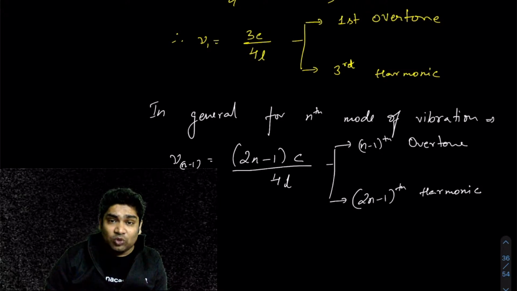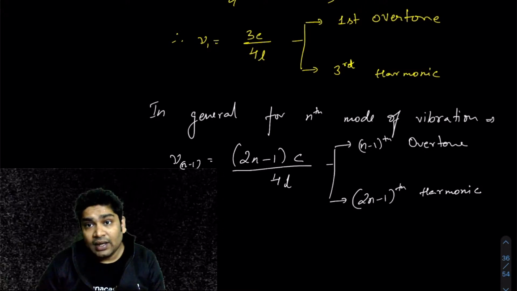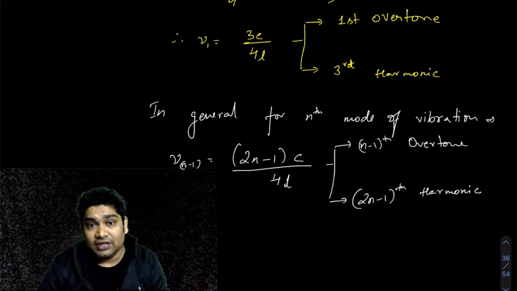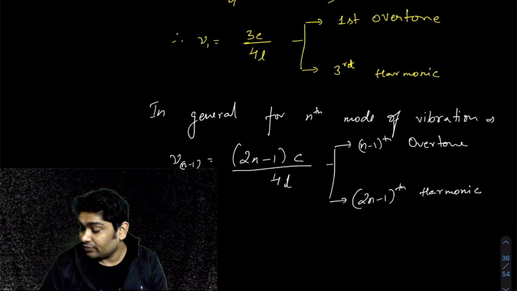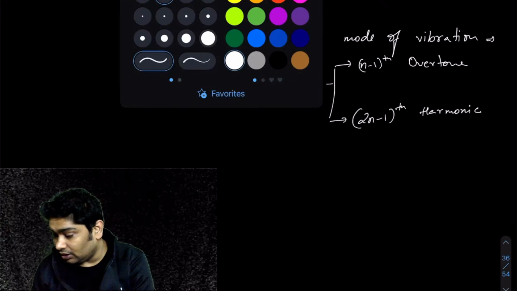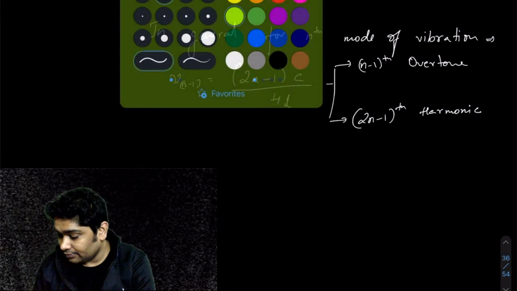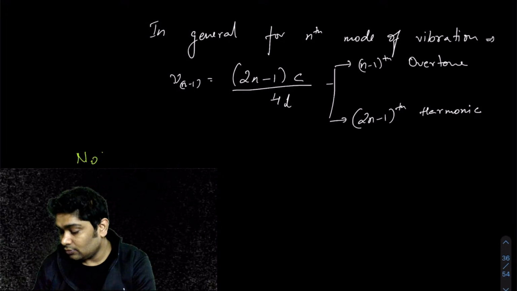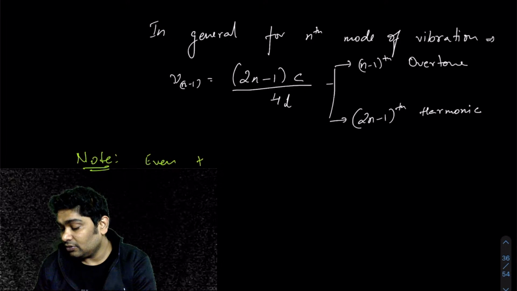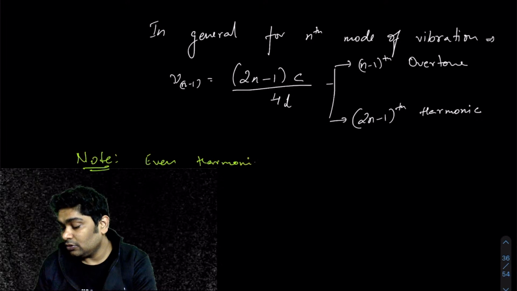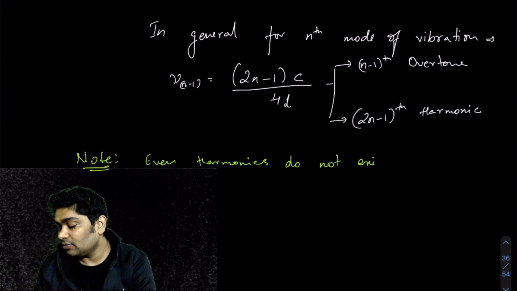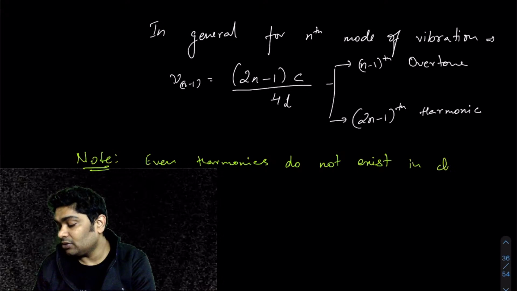So harmonic means what multiple of the fundamental frequency you are hearing. And overtone means what number of frequency after the fundamental frequency you are hearing. Okay. So please note again an important note in here. Even harmonics do not exist in closed pipes.